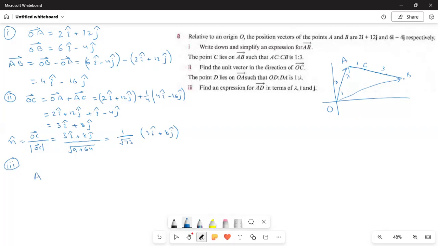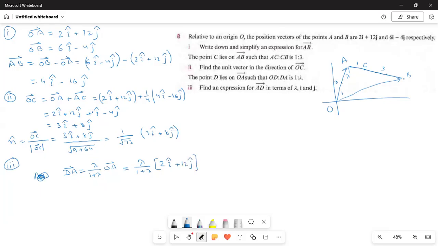Let's first find the DA vector, from D to A. If I take this OA vector and divide it into 1 plus lambda parts, and I take lambda only, the relationship between DA and OA is lambda over 1 plus lambda, and OA was given as 2i plus 12j.